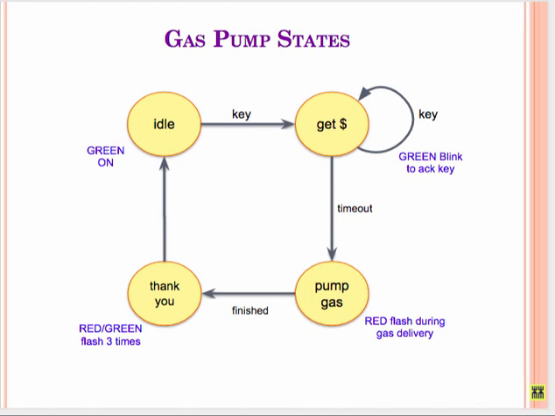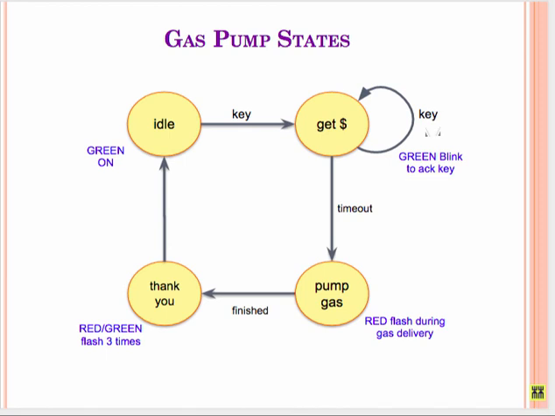Once the first key gets pushed, you will get into another state of the machine, the get money state, to take your money. In this state, if you continue to hit the key, you will continue to stay here. And every time you hit the key, the green will blink to acknowledge the key hit.